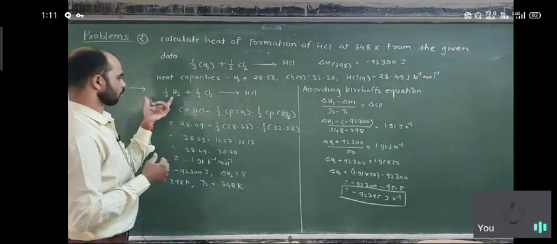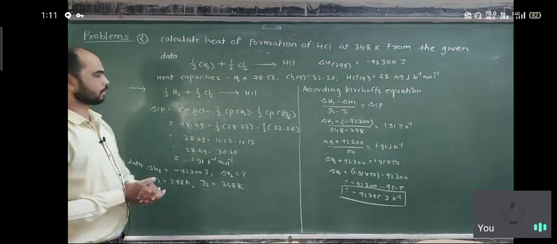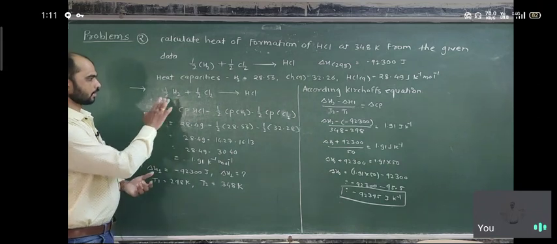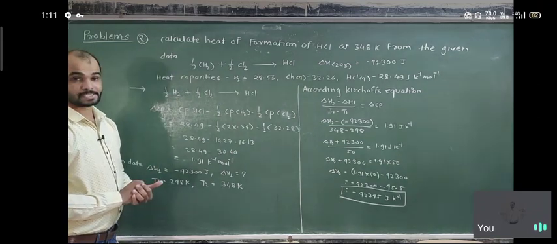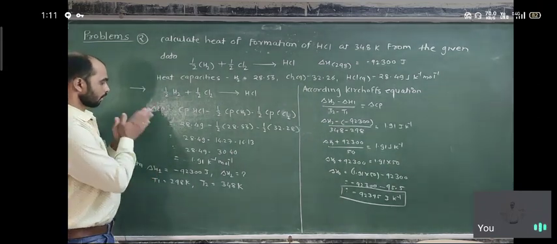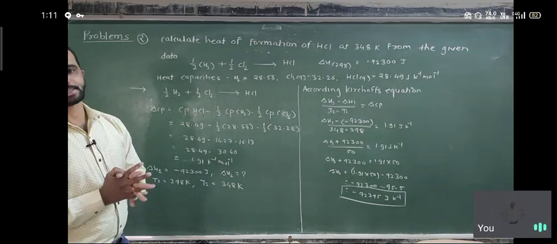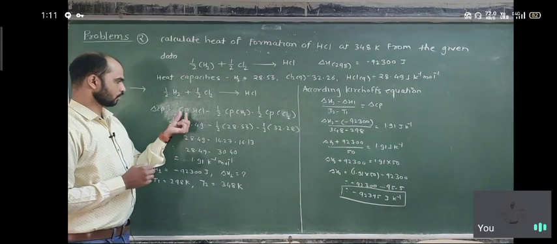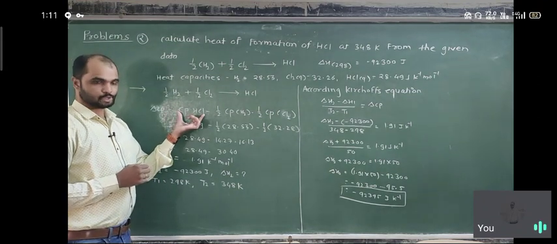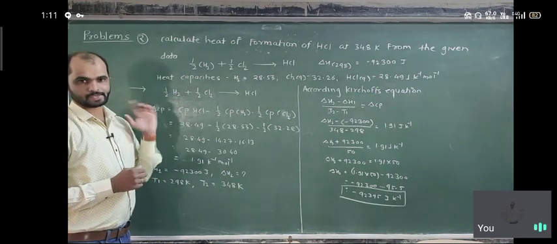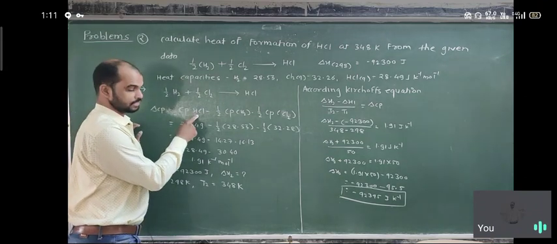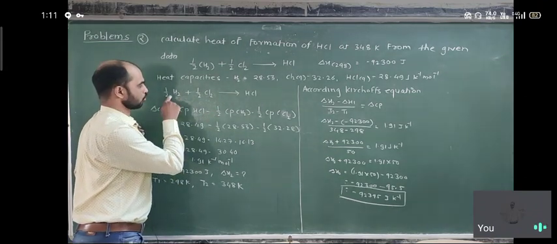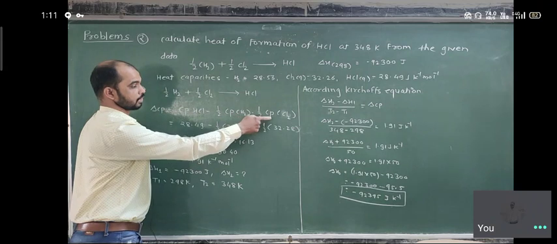So how to solve? Again same as the last example. First of all write the reaction: 1/2 H2 plus 1/2 Cl2 gives HCl, and first of all we calculate the delta Cp, the change in heat capacity. So delta Cp is equal to heat capacity of the product minus heat capacity of reactant. So Cp of HCl minus 1/2 Cp of H2, because 1/2 is given, minus 1/2 Cp of Cl2.